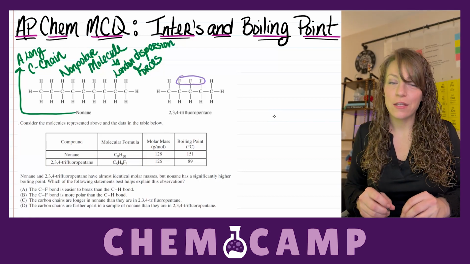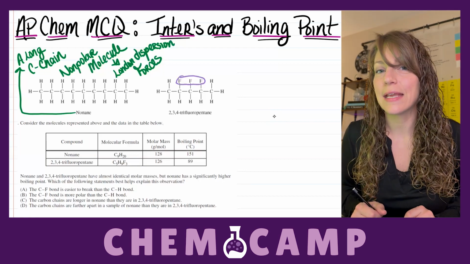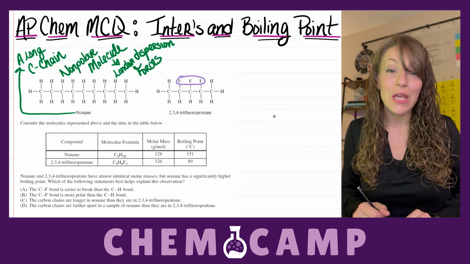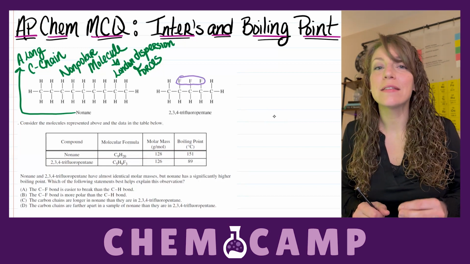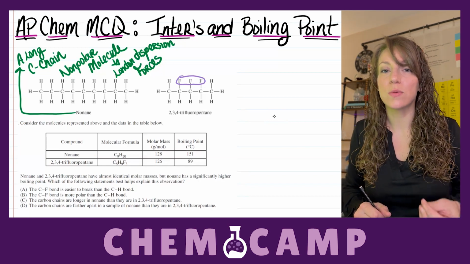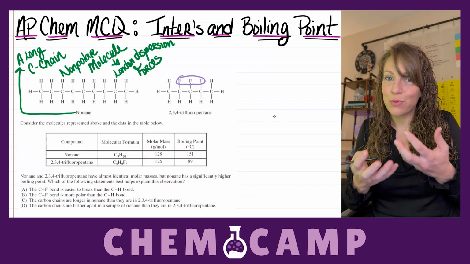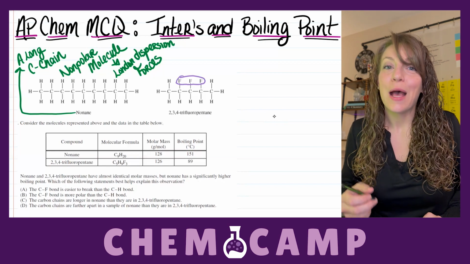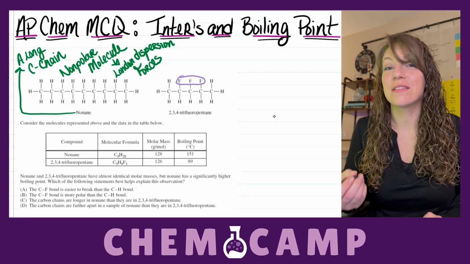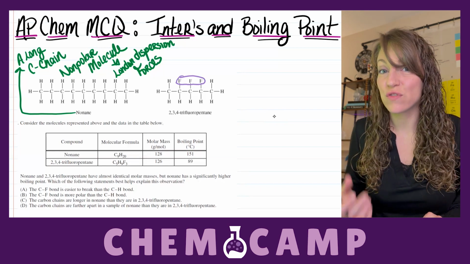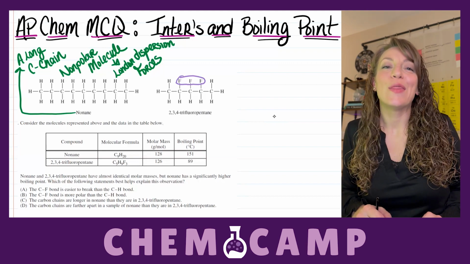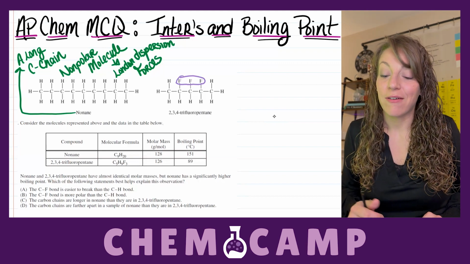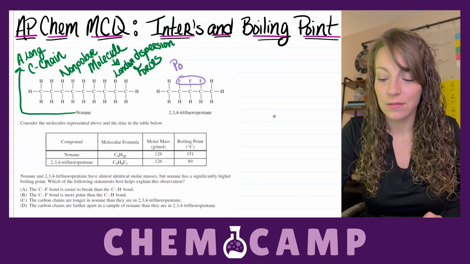Now, fluorine is the most electronegative atom in the periodic table, which means when it forms bonds with other atoms, it has the greatest ability to pull those electrons towards it, meaning it's always going to have a slightly partially negative charge. That makes this molecule now a polar molecule.